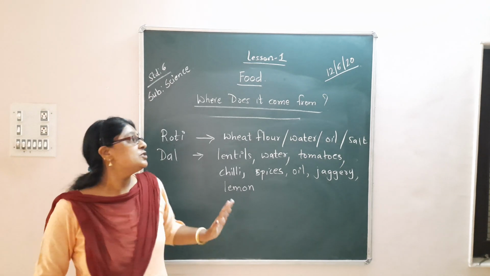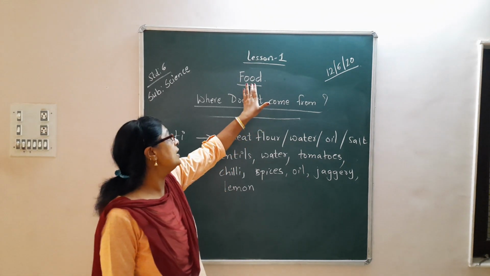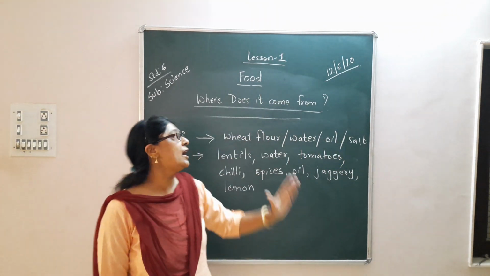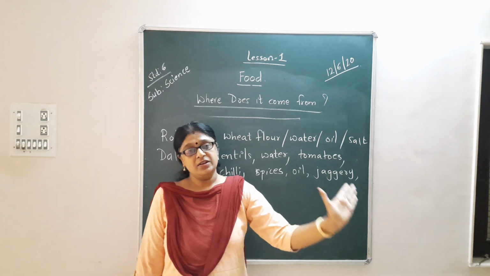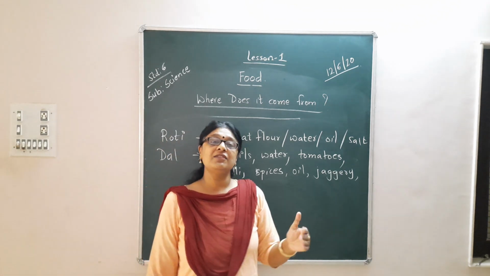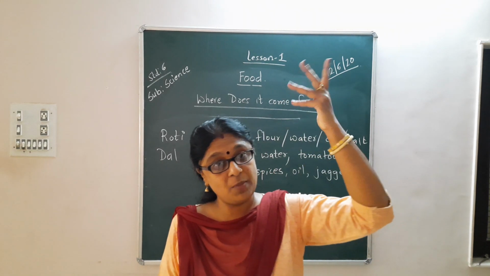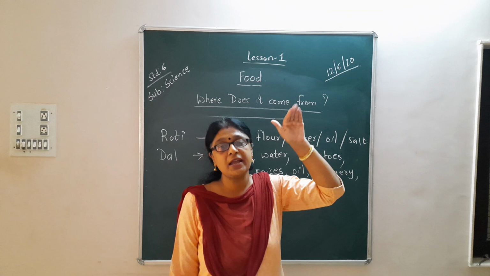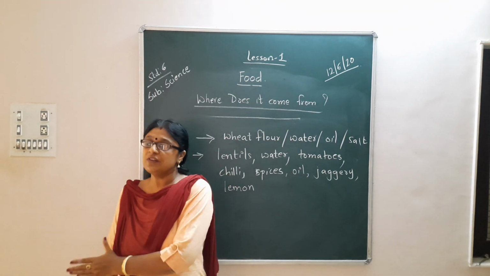Okay, fine. So in today's lecture we have studied about food, and in the whole chapter we are going to study where it is coming from. We know that it is coming from the kitchen, in the kitchen it is from the storeroom, in the storeroom it is from the market, but how it comes to the market, one by one, step by step we are going to study in our further classes.